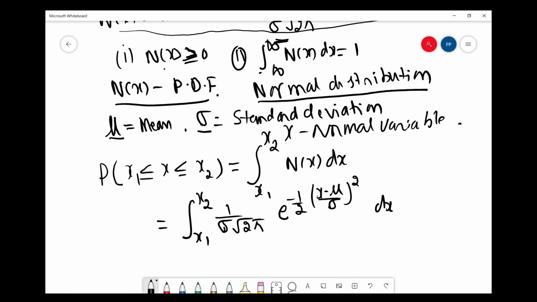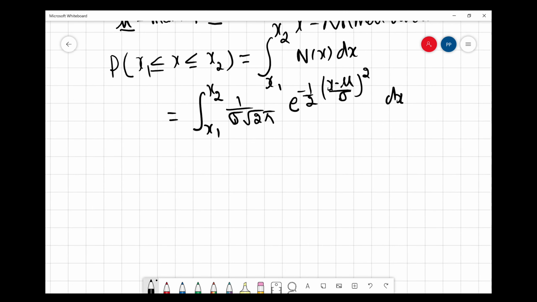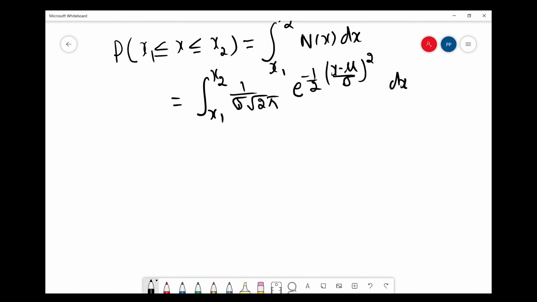This integral value gives the probability over the interval x1 to x2. Of course, I have taken the closed interval here, but the interval may be open or half open, half closed, which we already learned.